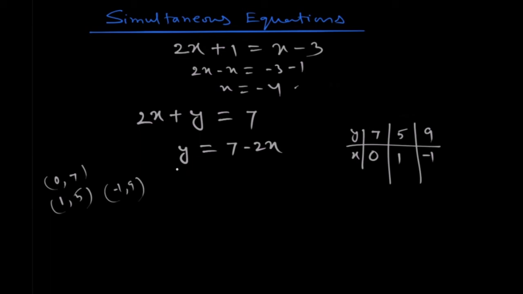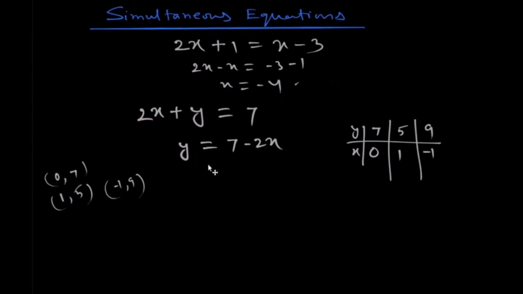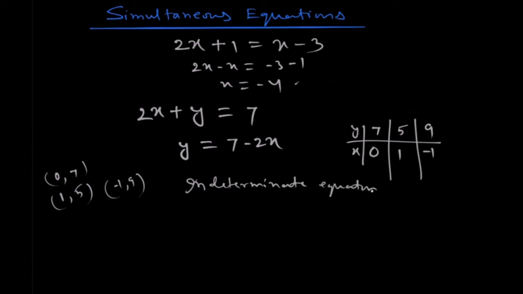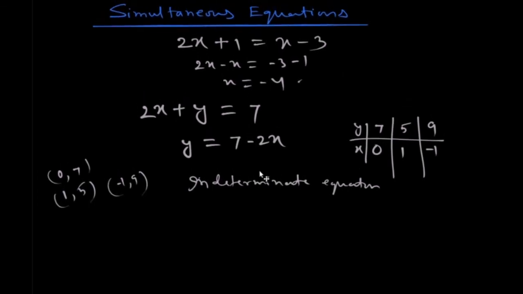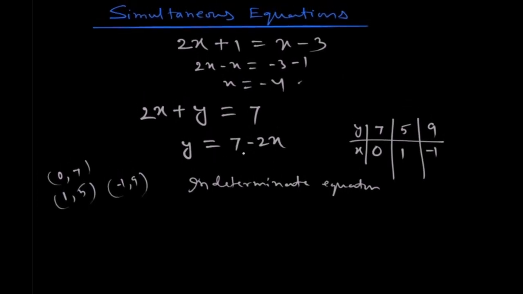So there are infinitely many solutions. This type of equation is called an indeterminate equation. If there are two variables, it cannot be solved.